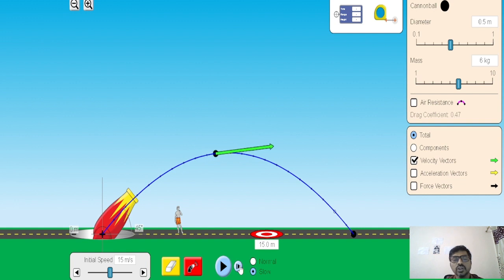The blue dot at the top, and that's a green dot. Now it is at the highest point, and you see that at the highest point the velocity vector is horizontal. So this is another important observation. At the highest point the velocity vector is completely oriented along the horizontal direction. That's very important. The velocity vector is horizontal at the highest point.